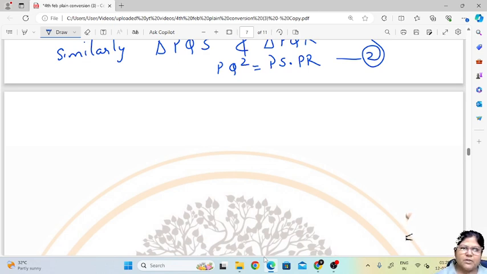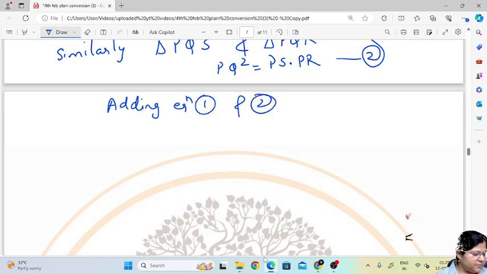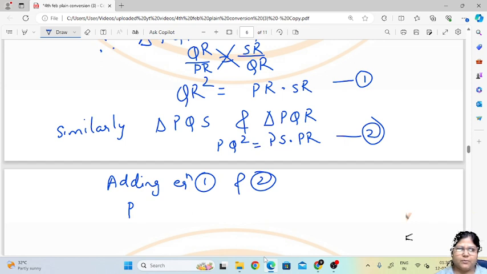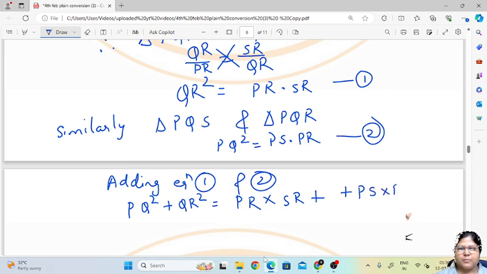Okay, now adding equation number 1 and 2. You have to add equation 1 and 2. So when you add, the right hand sides are PR into SR, added with PS into PR.